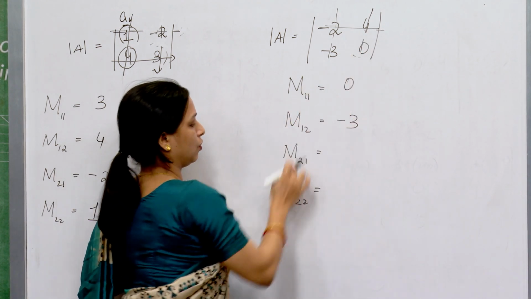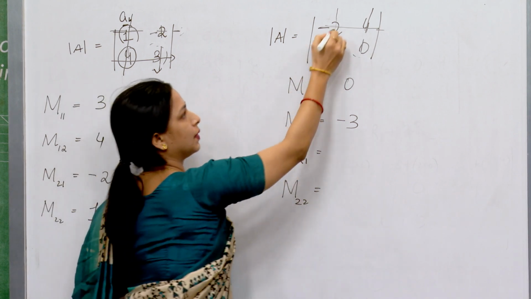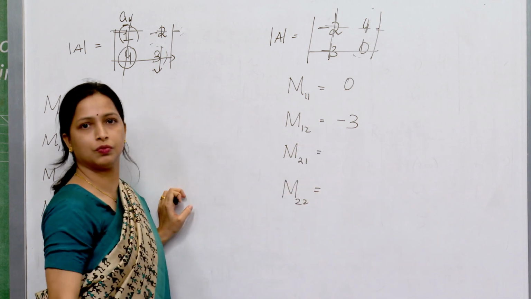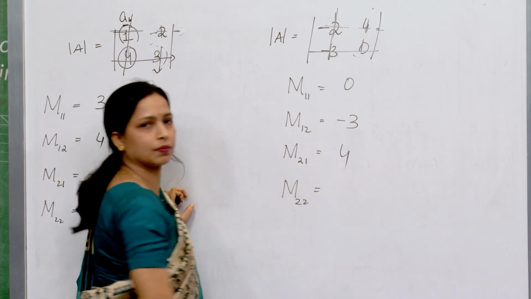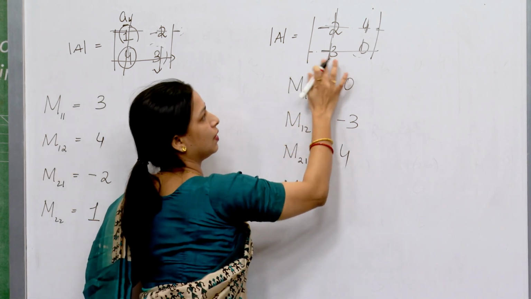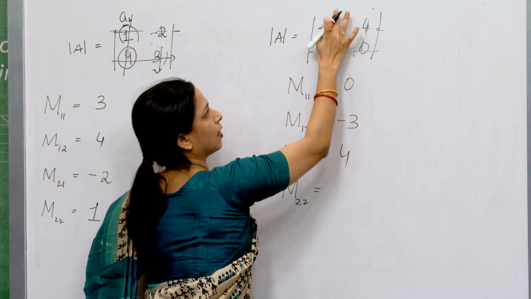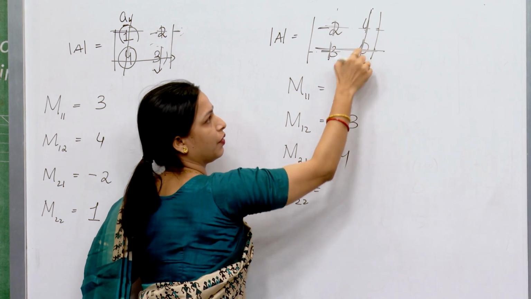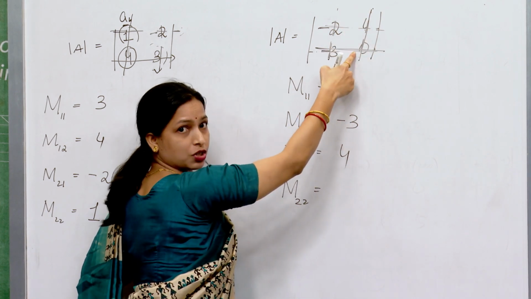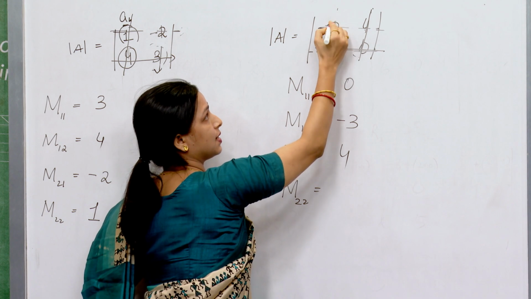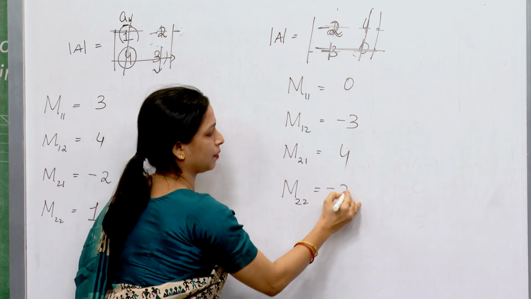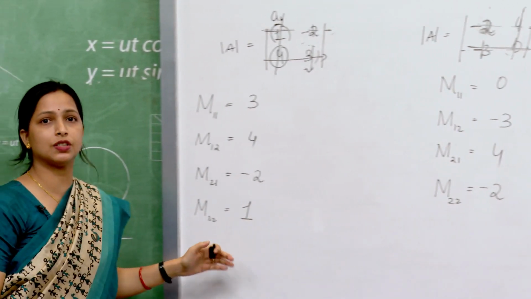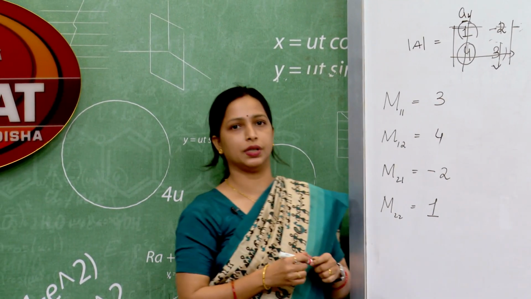Similarly, for M21, that means 3, the resultant is 4, right. Now, finally, A22. So, I delete the row in which 0 exists and the column in which the 0 exists, and the resultant element is the minor. So, this is how we find out the minors of an order 2 determinant.